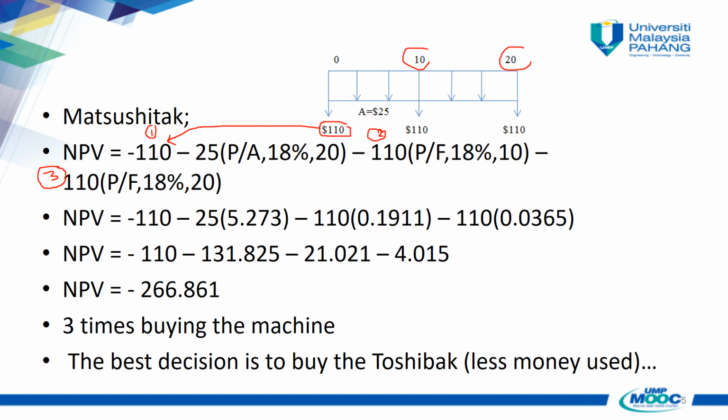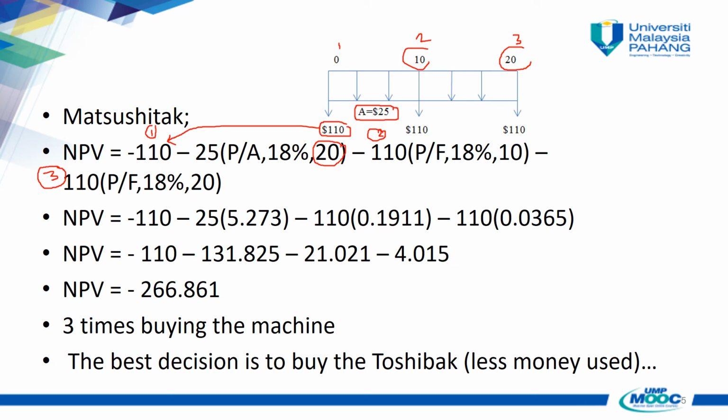So 1 time, 2 times, 3 times of purchasing, and we will operate this machinery for 20 years. Okay, 20 years. And that's why our operating cost is 25. Alright, this will become our A.